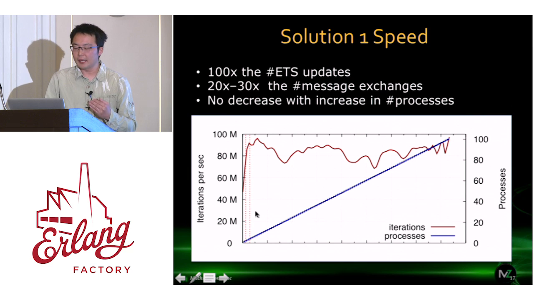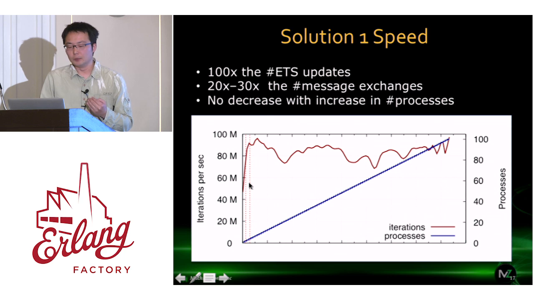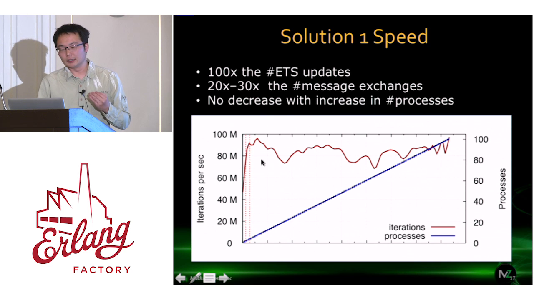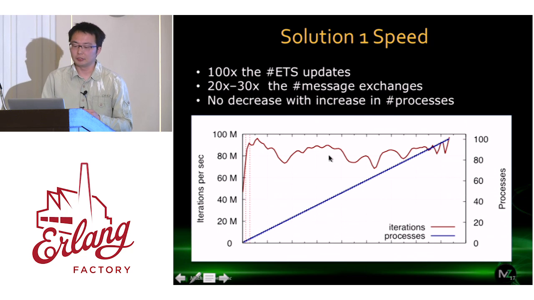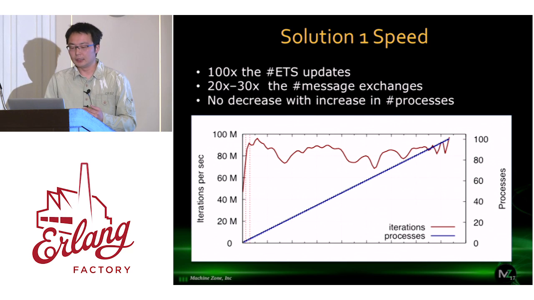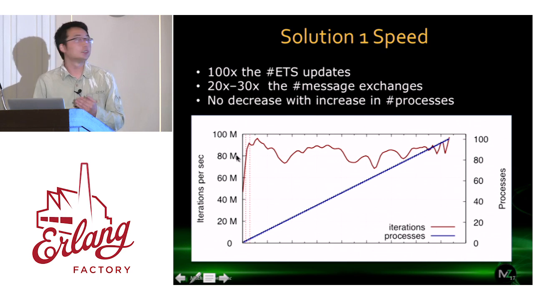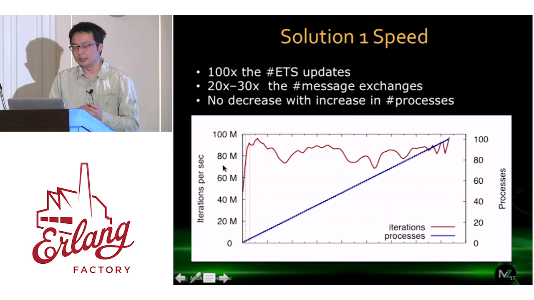And as you can see, as the number of processes increases, it wiggles around 80 million instead of having a sudden dip. Note the absolute value here. It's 80 million.